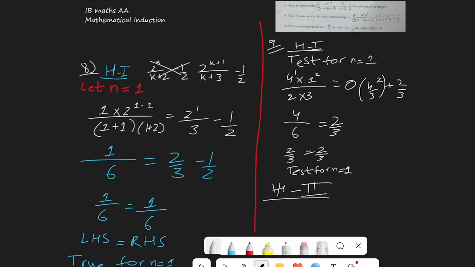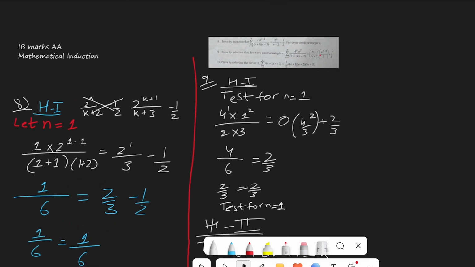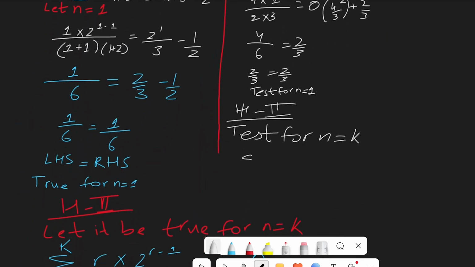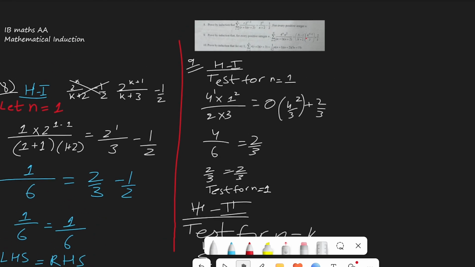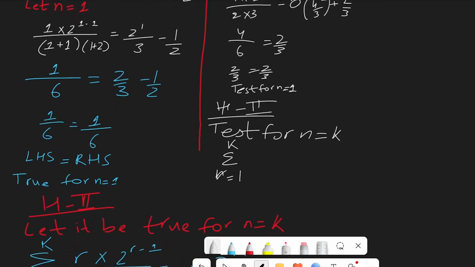Okay, so now the thing is test for n equals k. That will put us in a position where we set r equals 1. What do we have? 4 power... This is now a bigger N and a smaller n thing.